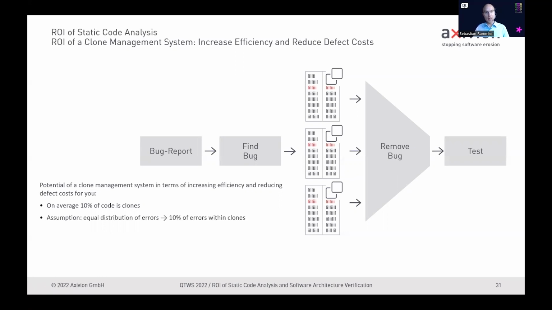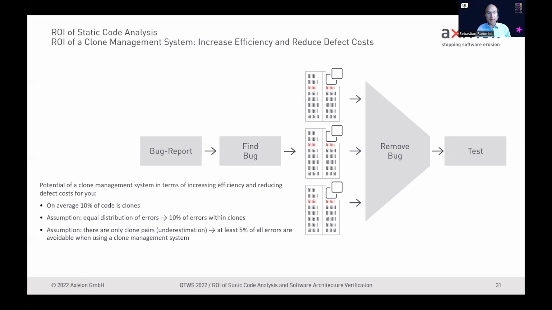If we make the assumption that we have an equal distribution of errors, then 10% of your errors will be within clones. And if we look at the empirical data, and we know, another assumption, that we only have clone pairs, so no triplets and so forth. So it's an underestimation. If you have triplets, there are of course even more savings.